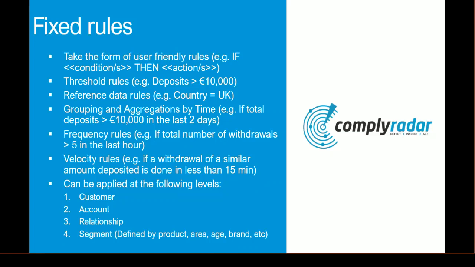Or frequency: if X amount of deposits happened in the last 2 hours. So it's frequency based, how many deposits or withdrawals you've done over a period. It could be a velocity thing: I've done a deposit, and a withdrawal of a similar amount was done in less than 15 minutes, for example.